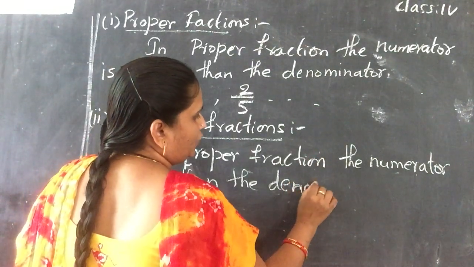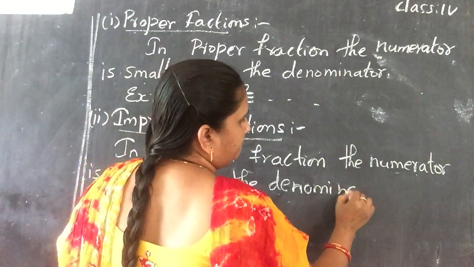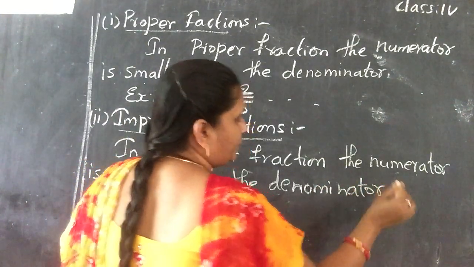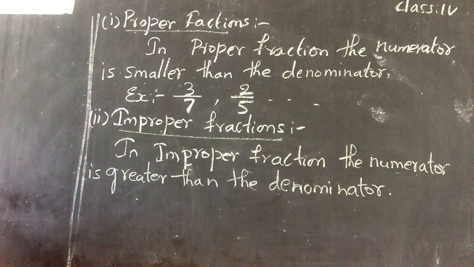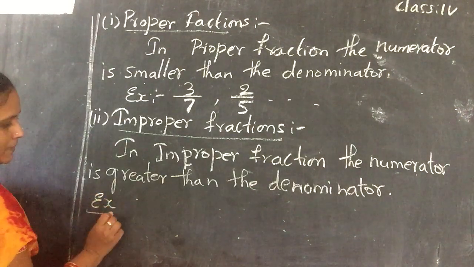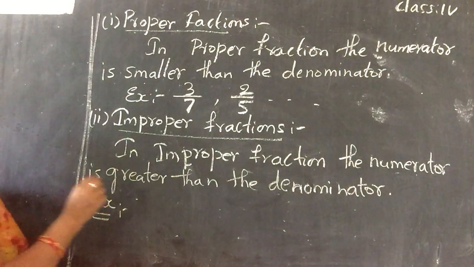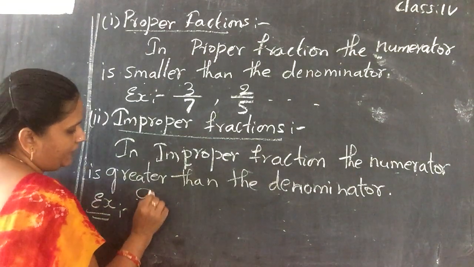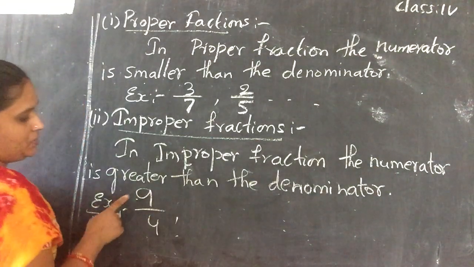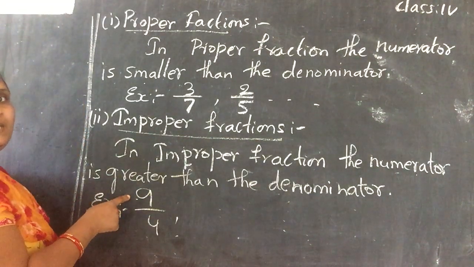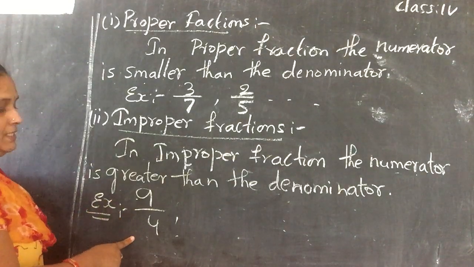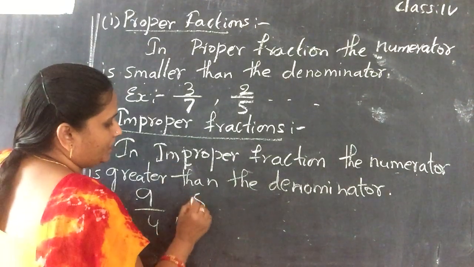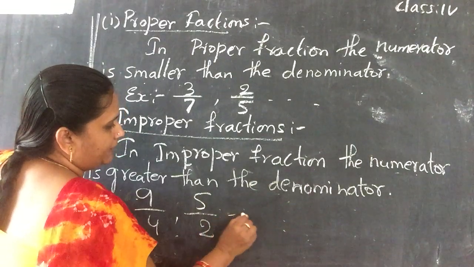Full stop. Example: now the numerator has to be the bigger one. It means 9 by 4. So 9 is the numerator, which is greater than 4 as the denominator. Next, 5 by 2, like that.